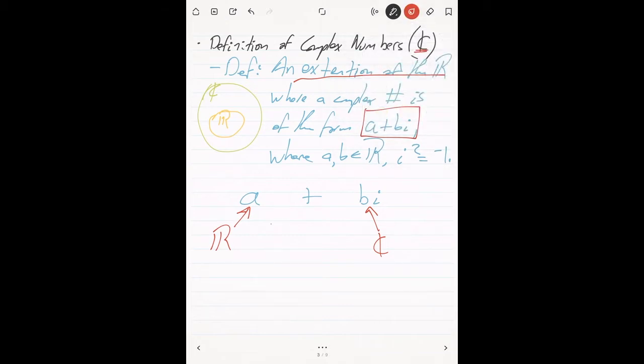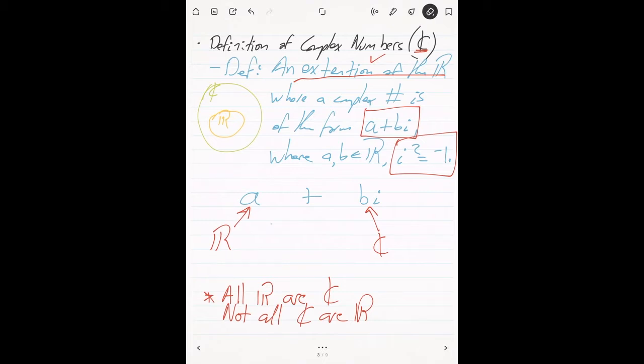So we might say that all real numbers are complex numbers, but not all complex numbers are real. That's what this idea of being an extension of the real numbers means. We've added on extra components. We've taken all the real numbers, and now we've added on this ability to take the square root of -1.